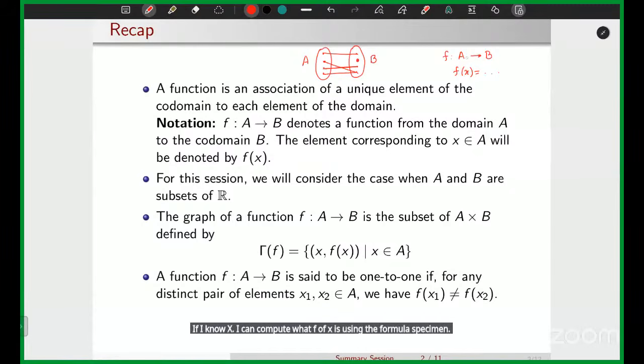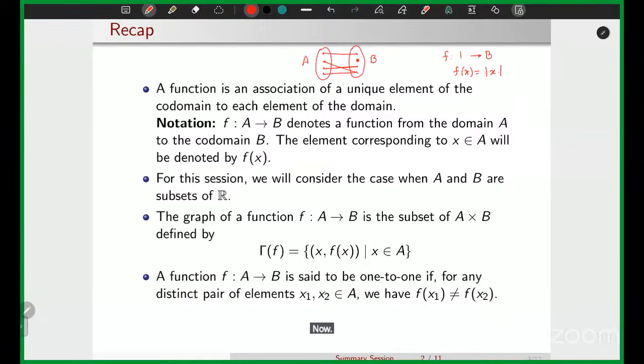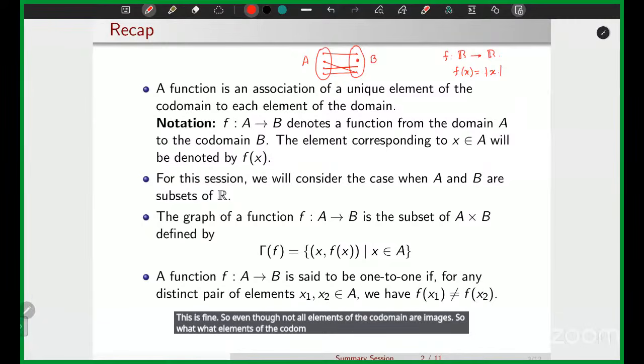So if you want specific examples, you can take mod x, for example, where A and B are, let's say, R and R. This is fine. So even though not all elements of the codomain are images, what elements of the codomain are not images under this function?